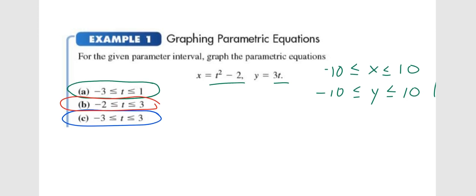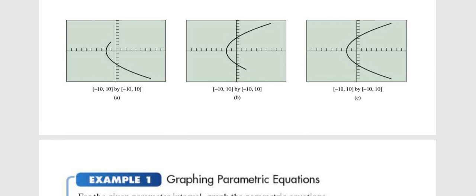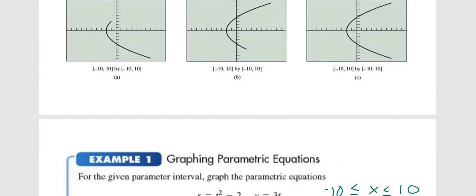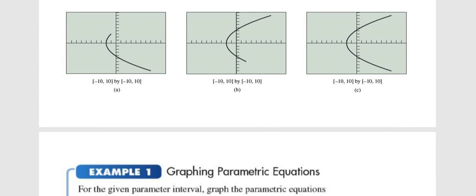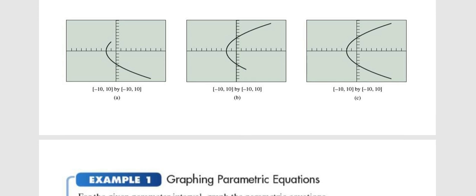Well, so if you start with your t min and t max being -3 to 1, you get the picture on the far left. Okay, but if you do -2 to 3, you get the middle picture. And then if you do -3 to 3, you get that picture. The full thing and not a partial. Well, truthfully, it could go even farther than that if you went from like -infinity to infinity.